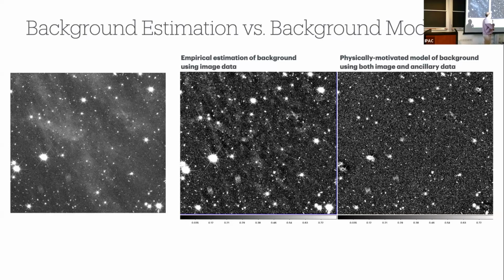And so if you have a large structure that looks like cirrus, then it's possible it could be subtracted off and interpreted as cirrus. Okay, yeah, we can talk later.